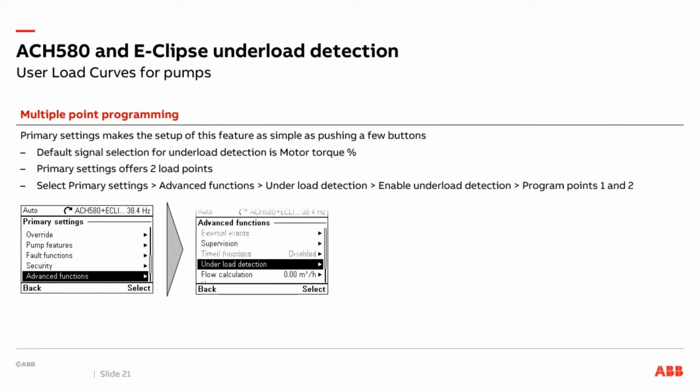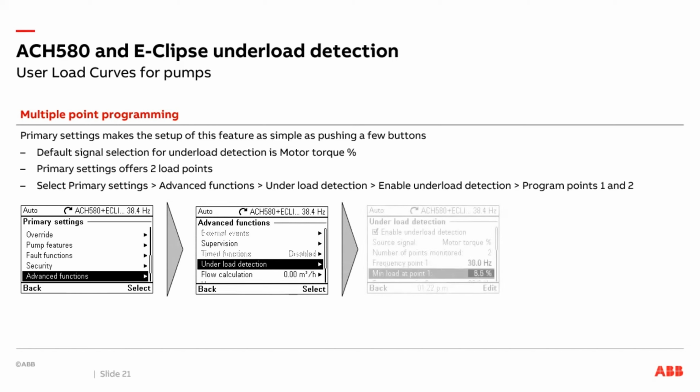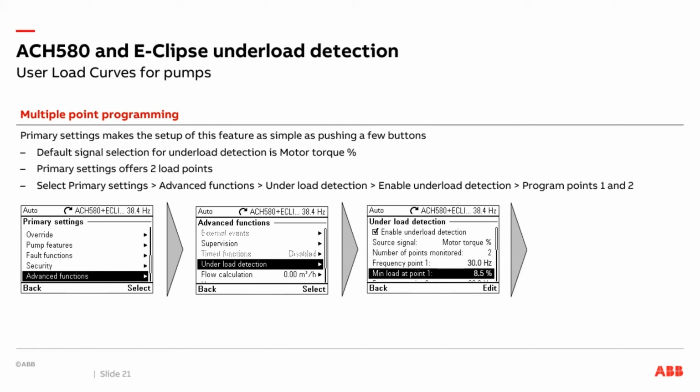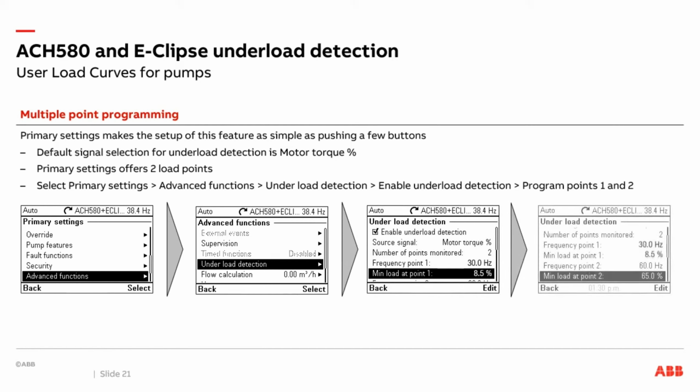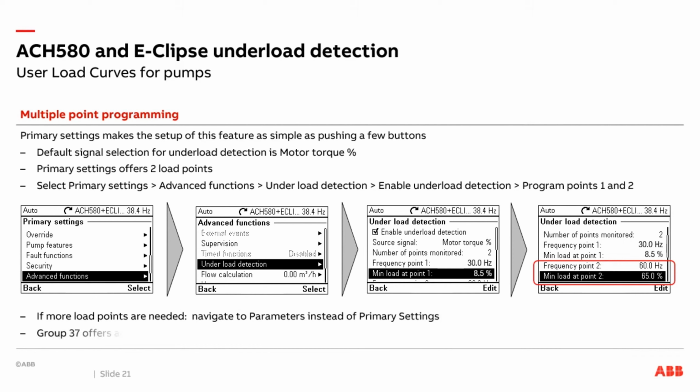The last screenshot shows using load point 2 selections. When 3 or more points are needed for a user load curve, navigate to parameters instead of primary settings. Group 37 offers an additional 3 load points for additional accuracy.